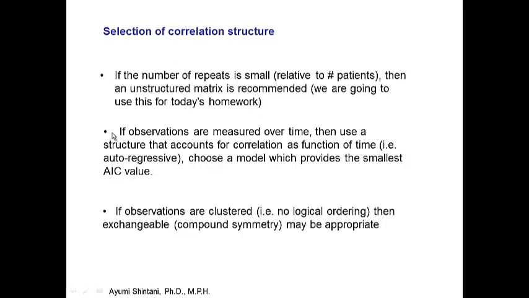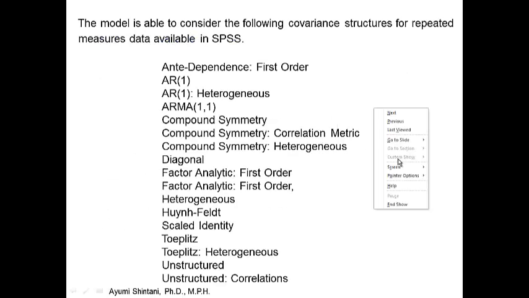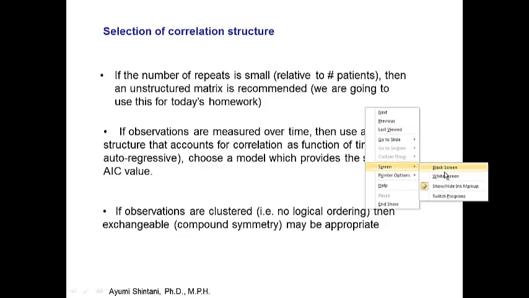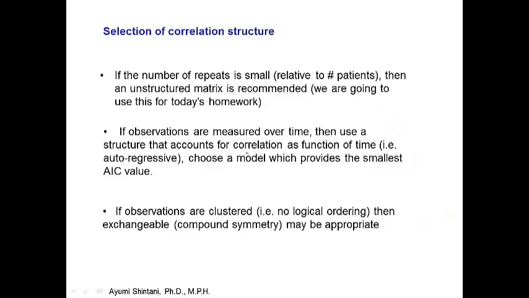If the observations are measured over time, you probably want a structure that accounts for correlation as a function of time, for example autoregressive, which can weaken correlation as the interval between two time points gets larger.